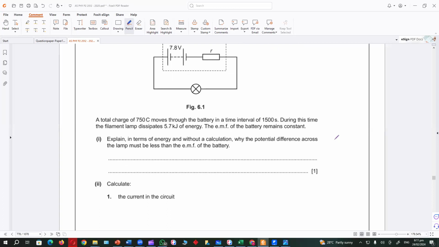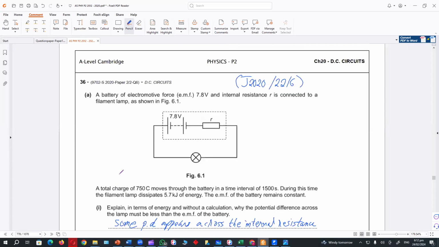So you will tell the examiner that, look, some PD appears across the internal resistance R. This is June 2020, paper 2-2, question number 6.